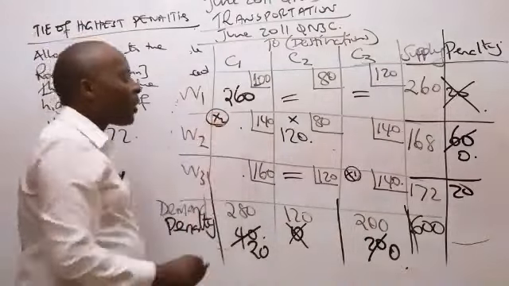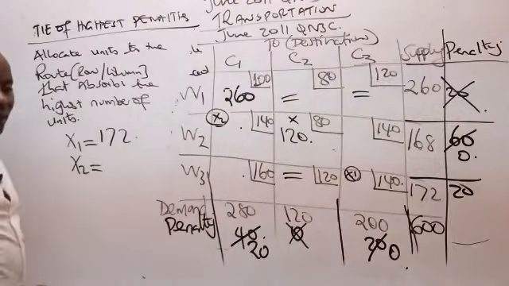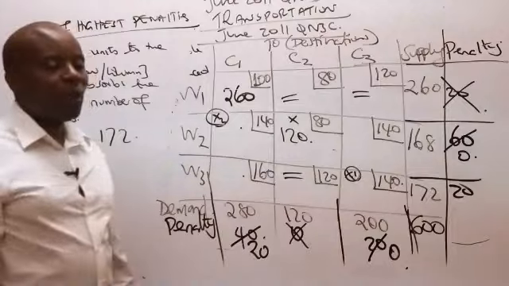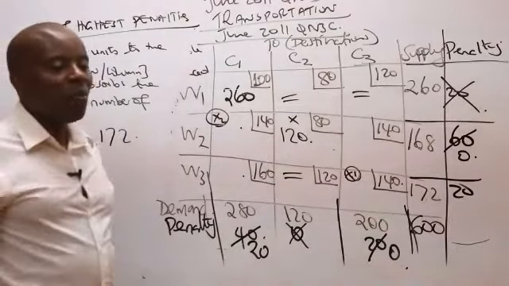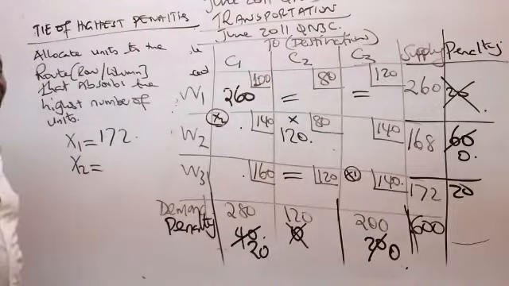So could you kindly help me? This X2 cell will end up, ladies and gentlemen, taking up how many units in total?